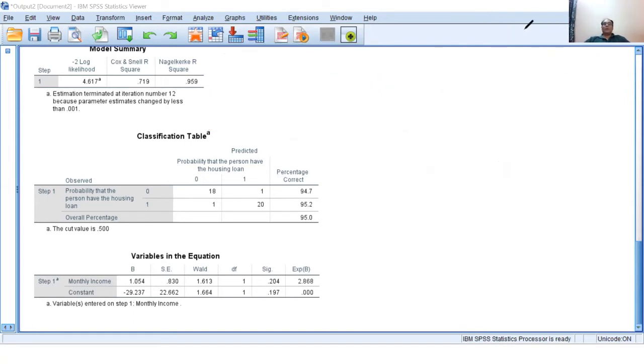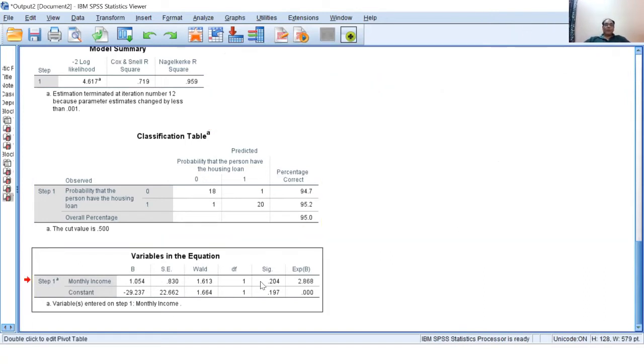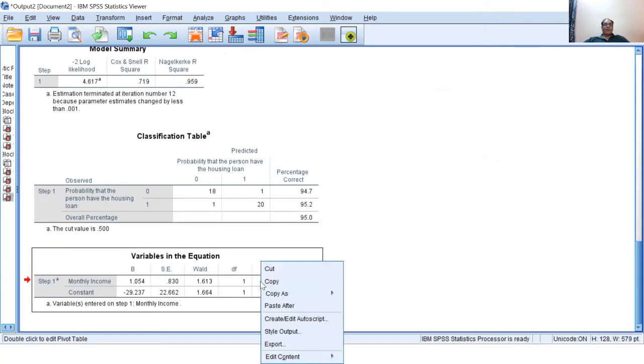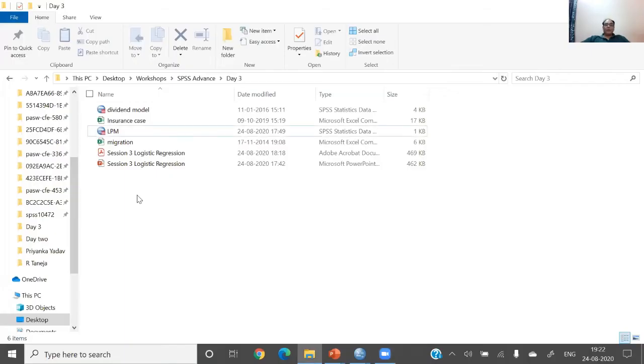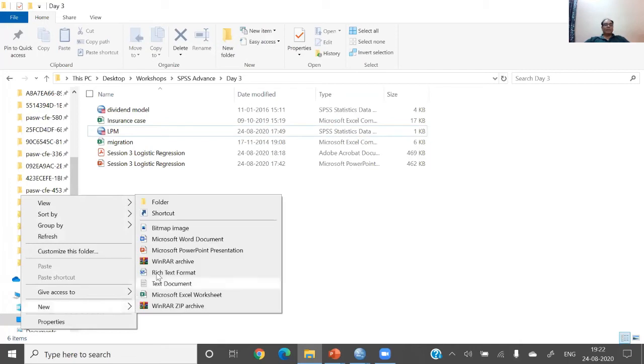video lecture also. So let me copy this. I am taking this result and going to the Excel file, because the logit model we can apply only in an Excel file. I'm opening a simple Excel file here. Okay, so now I am going to open an Excel file. This part is quite important.